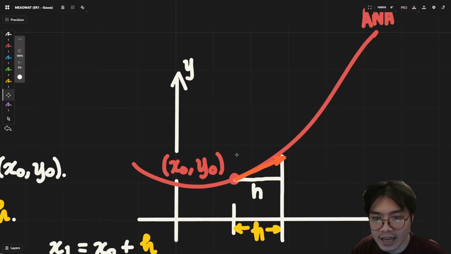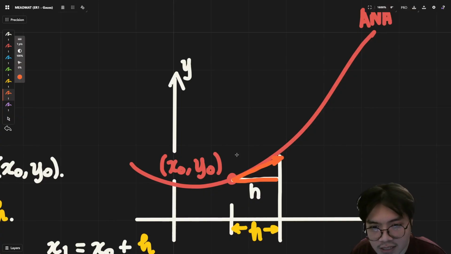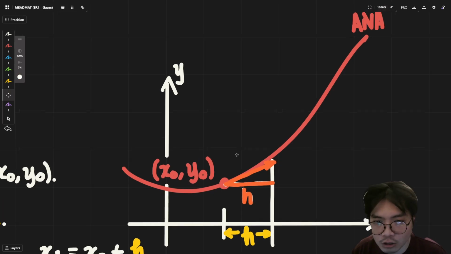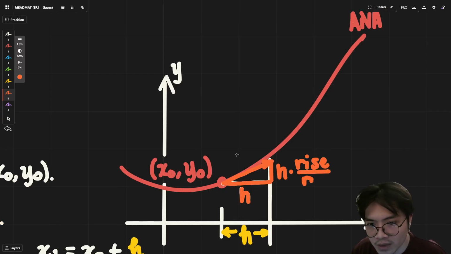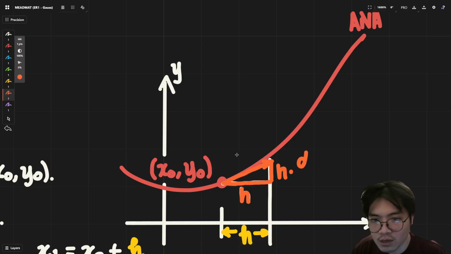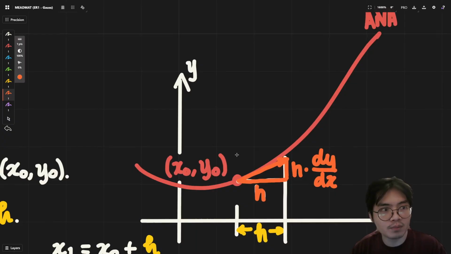And if you scale it such that this horizontal direction right here is h, that means that this is going to be h times your rise over run, which is h times your dy over dx. And so now your next point will be here.